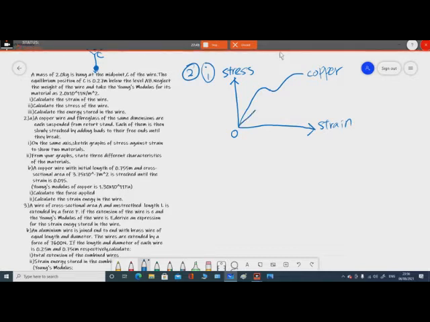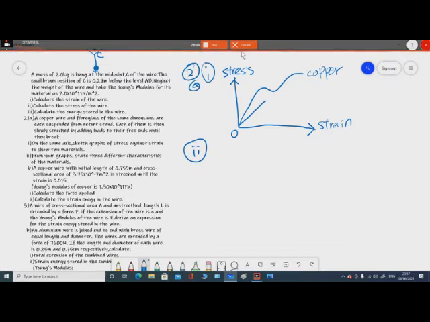So it is just a straight line. So this is the graph for the two materials. So this is part A. So let's move on.